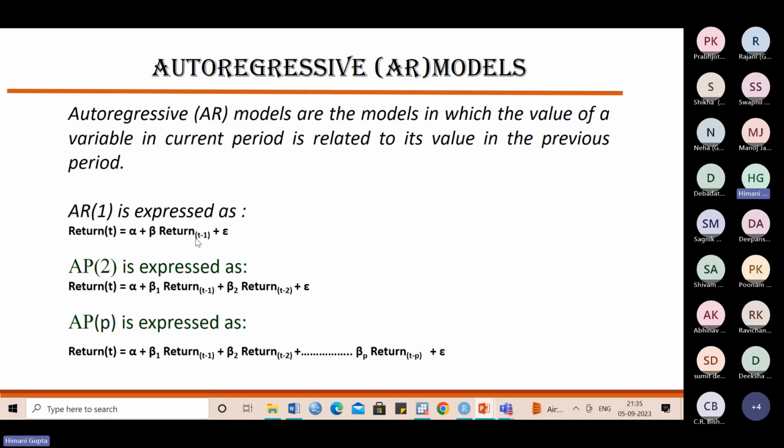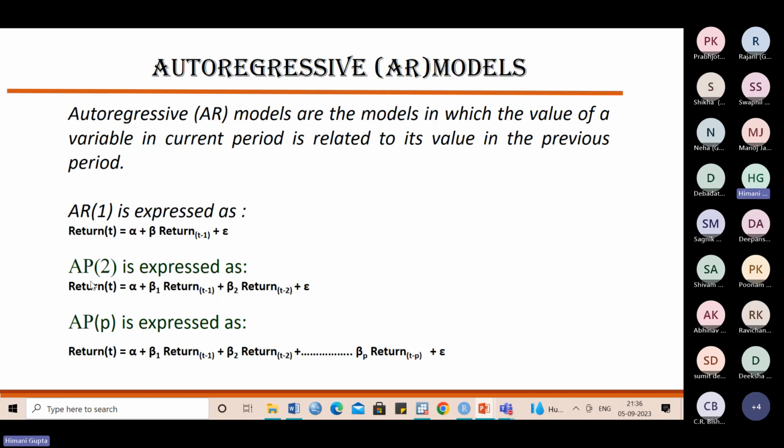If I'm saying it's a function of the immediate past, that's t minus 1, yesterday, if my daily data is there. t minus 2 will be 2 days before, or t minus p will be p days before. If today's value depends on yesterday's value, it is named AR1.